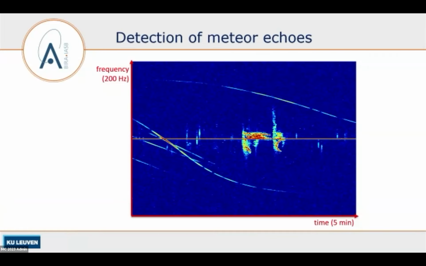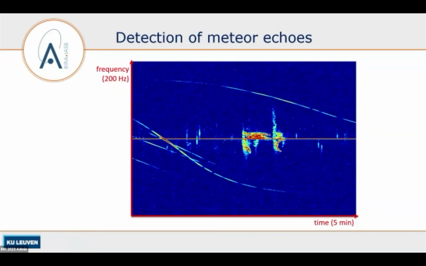This is how the observations from the receiver look like. This is a so-called spectrogram. On the horizontal axis, you have the time. On the vertical axis, you have the frequency. In the middle of this spectrogram, you see a horizontal line. This is the direct reception of our beacon, our transmitter in Dourbes.